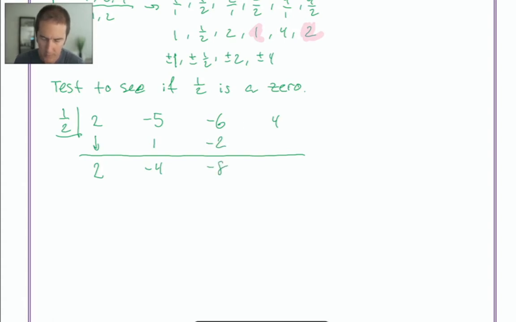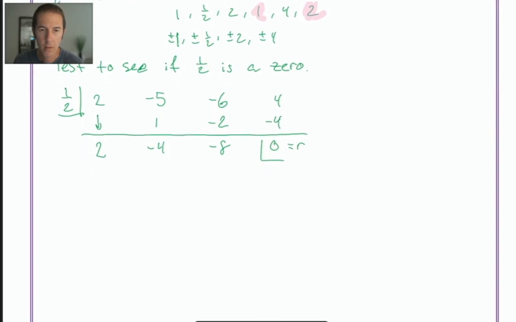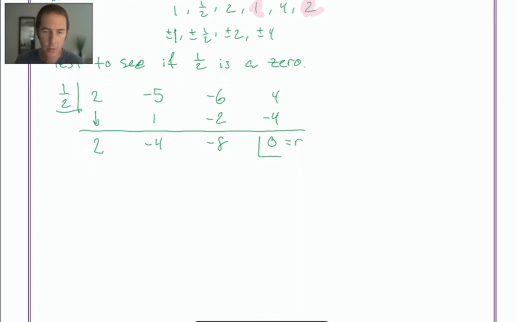And then I repeat the number from the box, 1/2 times the number below the line. 1/2 times -8 makes -4. I add vertically, I get 0. 0 is my remainder. A remainder of 0 tells me that the division did happen evenly, so to speak. And let me show you what the implications of that are.